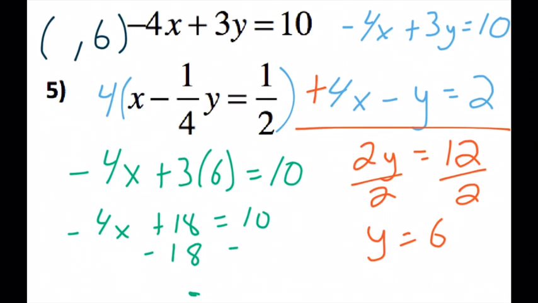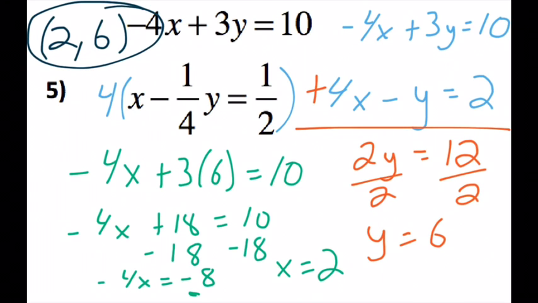Subtract 18 from both sides, and I get negative 4x equals a negative 8. I don't have room, so I'm just going to divide both sides by negative 4. Negative 8 divided by negative 4 is a positive 2, so x equals a positive 2. So the point these two have in common is 2 comma 6.